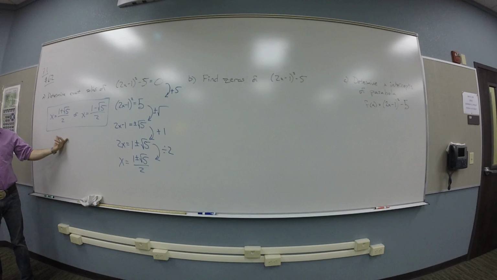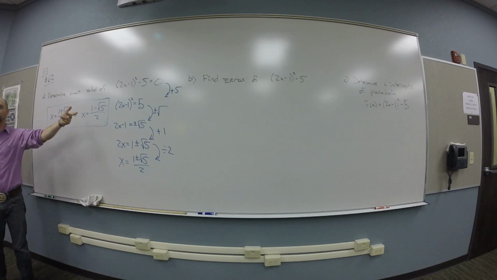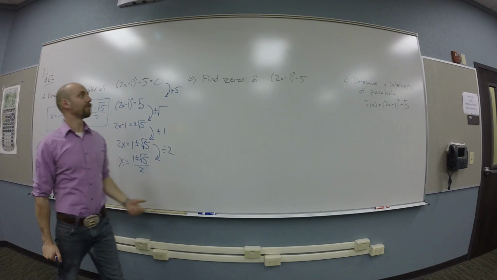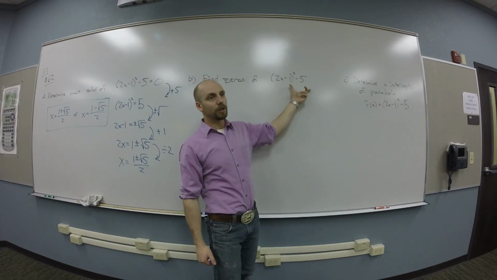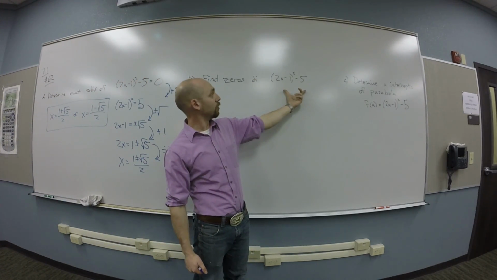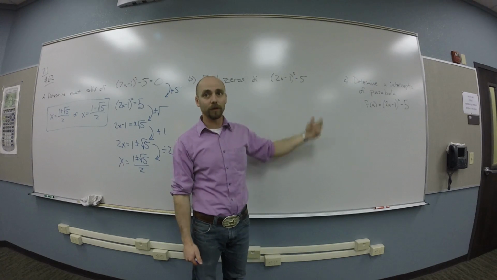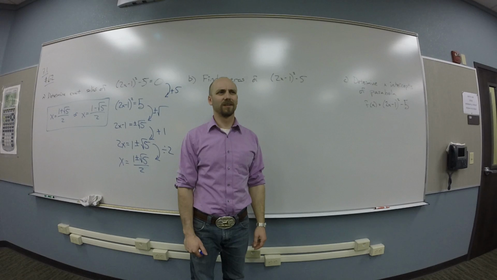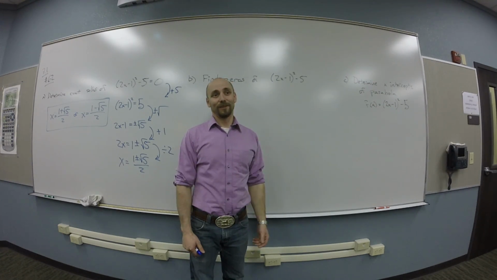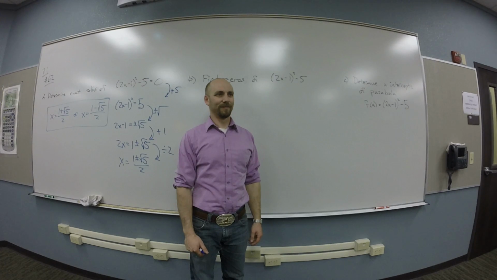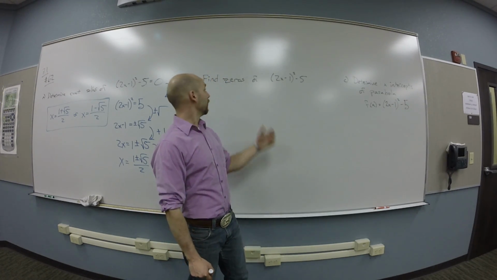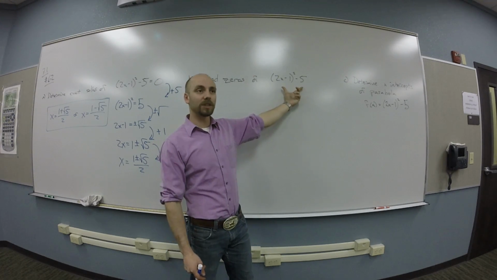So here I was finding solutions of something equals 0. Here I want to find the zeros of the quantity 2x minus 1 squared minus 5. How do I do that? Same thing you just did. You think to yourself, find the zeros of this. What does that mean?